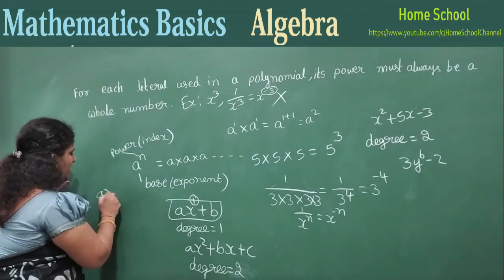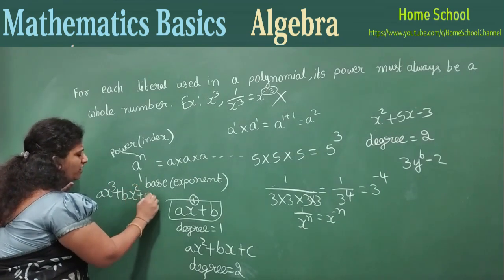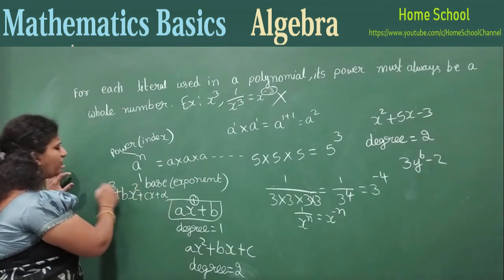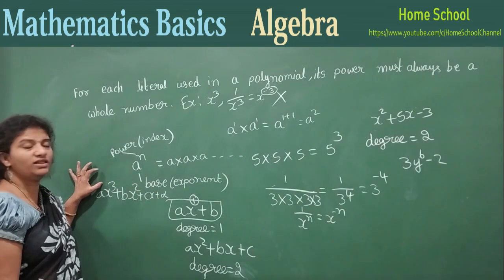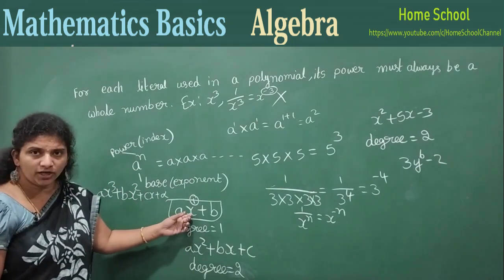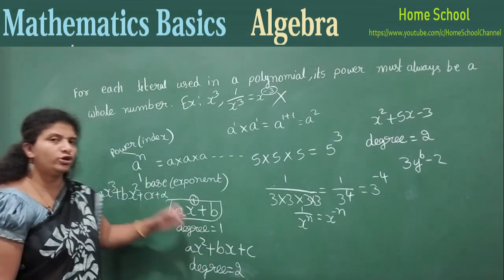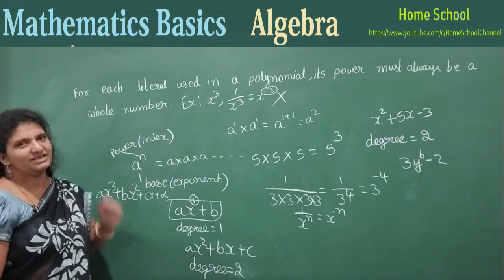Suppose the degree is 3. Look here, what is the degree here? The highest power is 3. Then we call this a cubic polynomial. Linear polynomial, degree 1; quadratic polynomial, degree 2; cubic polynomial, degree 3.